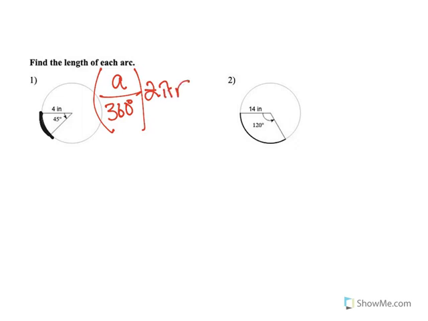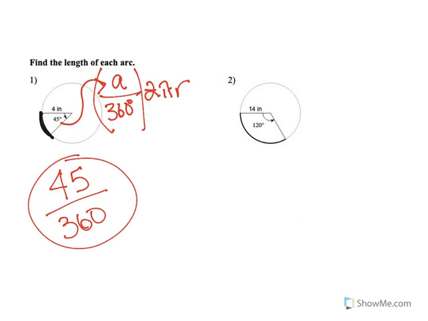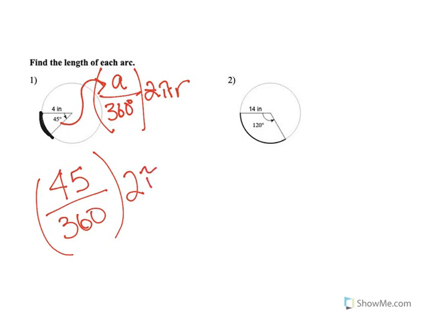Okay, so we're going to put the 45 in for A. A is always our degrees. So 45 over 360. Think about this fraction as always all of the degrees together in the fraction. Okay, times 2 times pi times r, which in this case is 4.